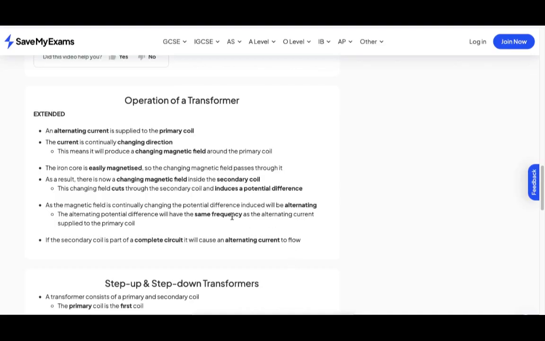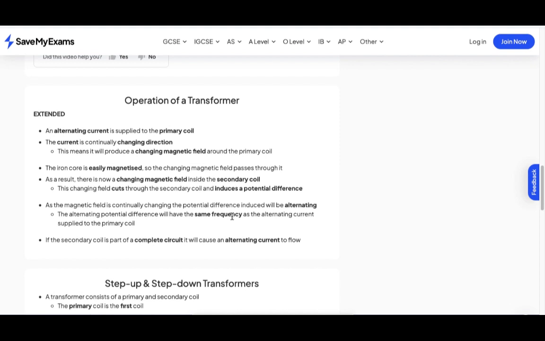So we say a transformer needs an alternating current. We don't use a direct current for a transformer, because direct current cannot produce a changing magnetic field. The alternating current is continuously changing direction so that it will produce a changing magnetic field.